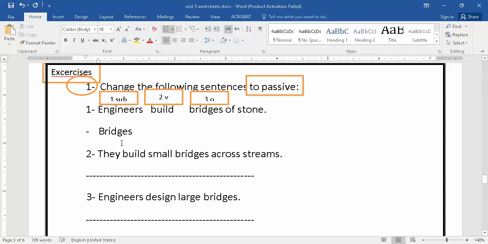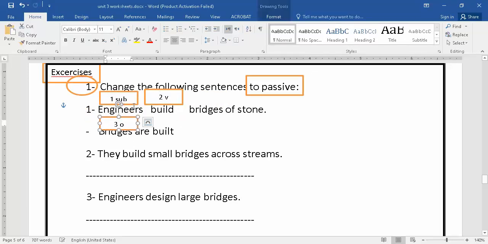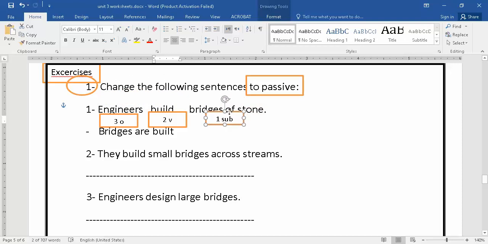Bridges is plural, so we use are. Bridges are. Build is built. Verb 3, built. So we change the numbers. Now we take number 3, the object, to the beginning. Number 2 comes in the middle, and the subject comes at the end.